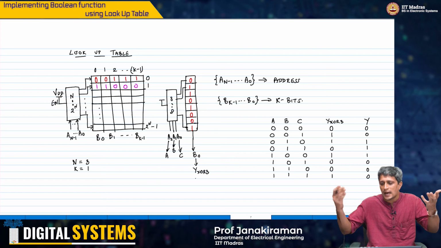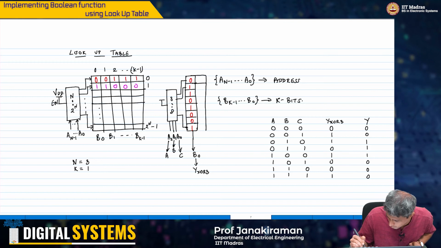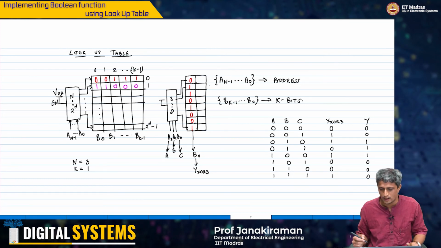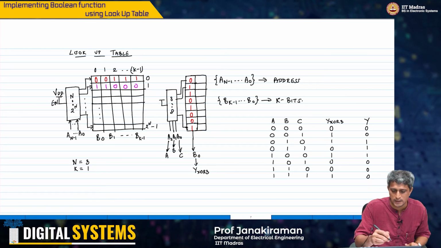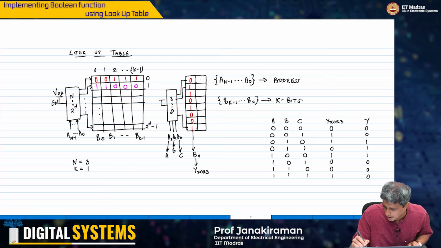Now there's no hard and fast rule that I should have only k equal to 1. I can have more than 1 bit coming out of the memory, from this lookup table. Therefore I can load the next function, which is 0, 0, 1, 1, 1, 0, 0, 0.